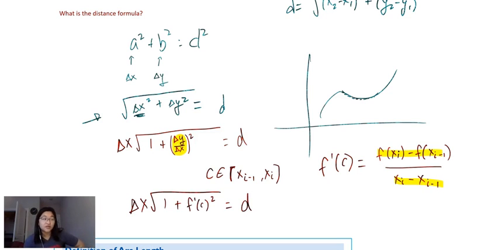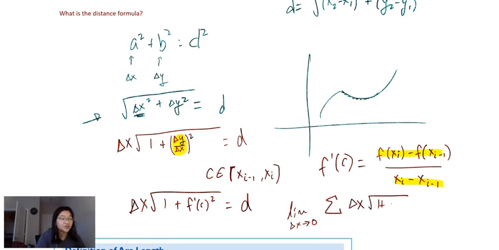Now, if we're trying to add up all of these distances, we want our delta x to get infinitely small, and then we sum all of these delta x times the root of 1 plus f prime of c squared, which are all of our distances.